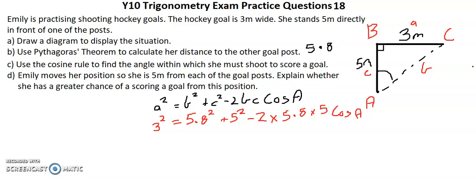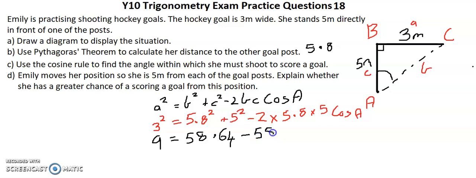I'm just going to simplify this slightly. 3 squared is 9. Now if I've got 5.8 squared plus 5 squared, that part I'll simplify straight away to get 58.64. Then I've got 2 times 5.8 times 5, which is 58.